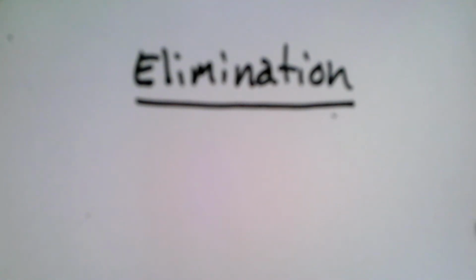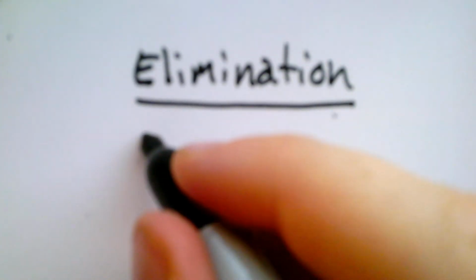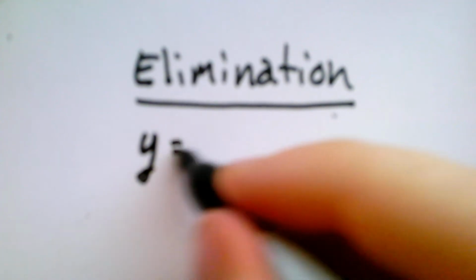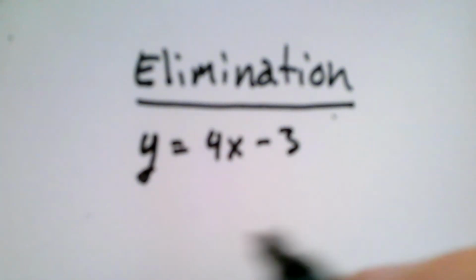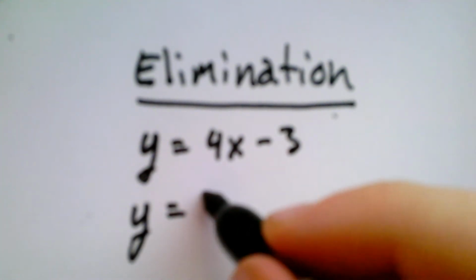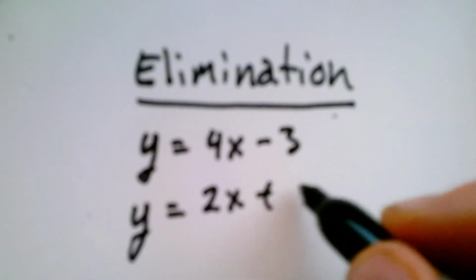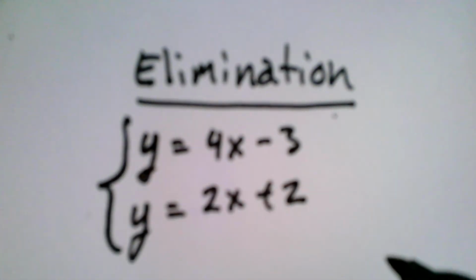And so let's come up with a system to work on. Let's have y equals 4x minus 3 and y equals 2x plus 2. So I want to find out where these two lines cross.